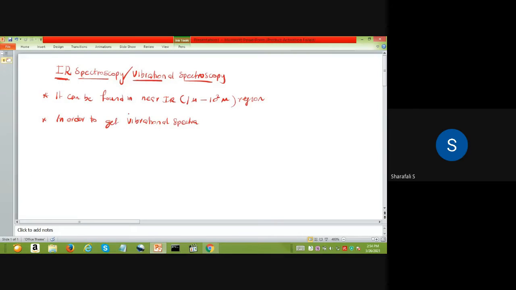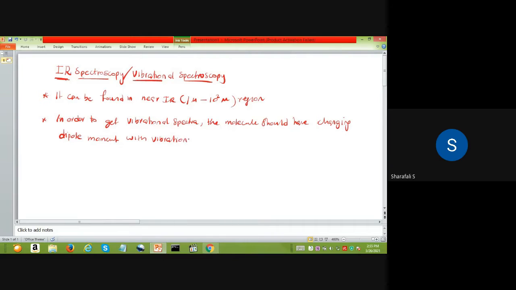First of all, the molecule should have a changing or oscillating dipole moment with vibration.